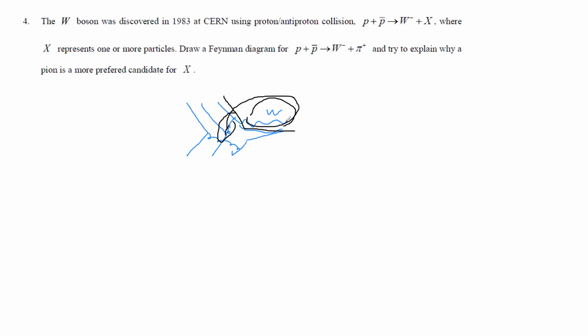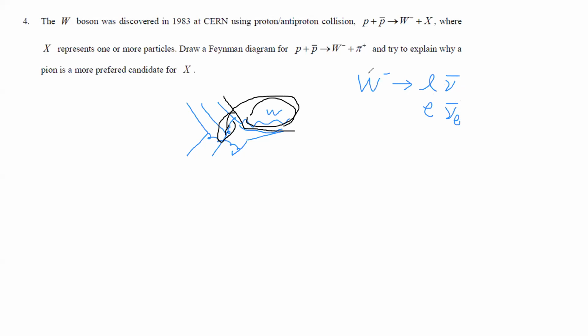But for the W boson, let me say it this way: in the experimental sense, the W boson will first decay into a lepton plus a neutrino, for example an electron and a neutrino.